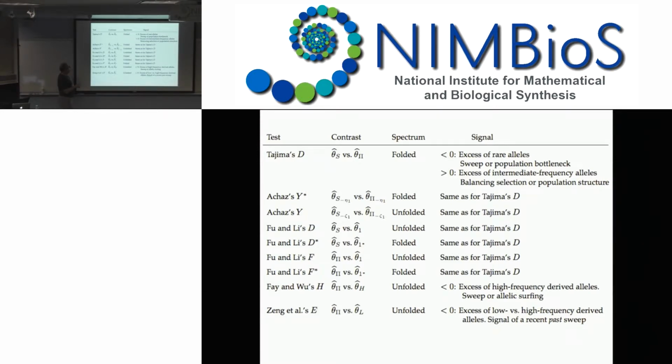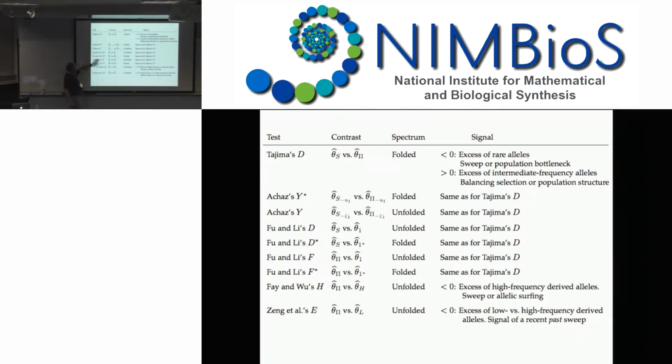They're F and F star, again, the comparison. So we have three things to compare, S, pi, and theta 1. Theta 1 can be minor alleles, so it's folded, or derived alleles with one copy, so it's unfolded. So here the comparison is, again, now instead of S, pi with singletons. So basically these are different ways to look at this comparison.